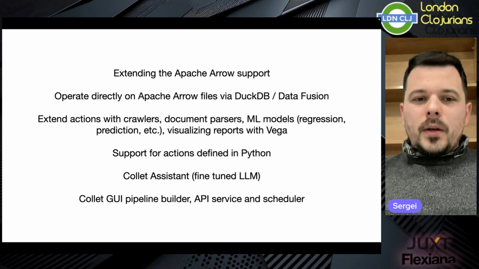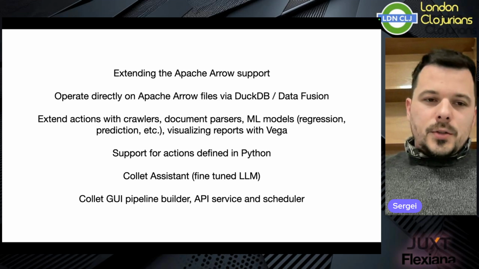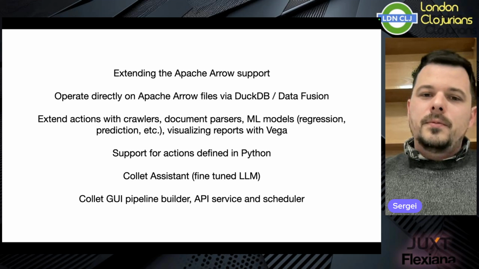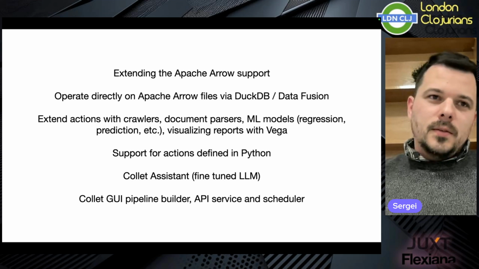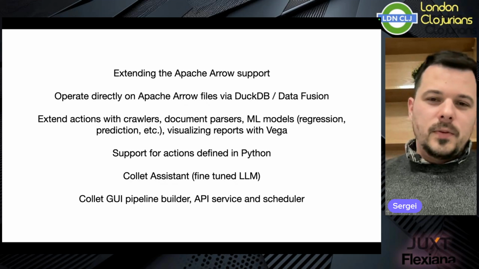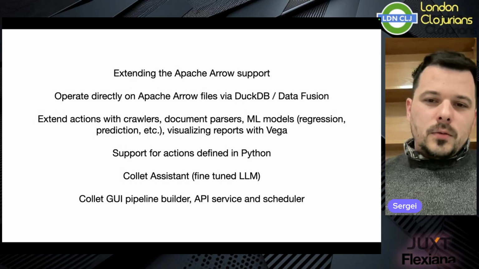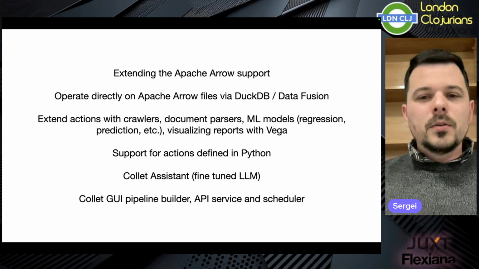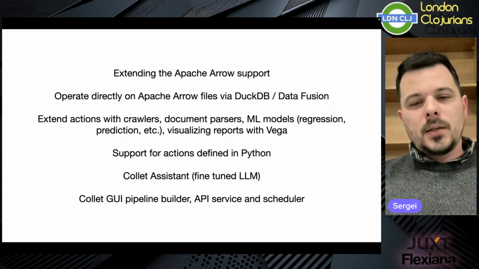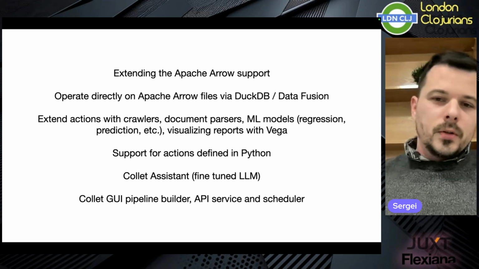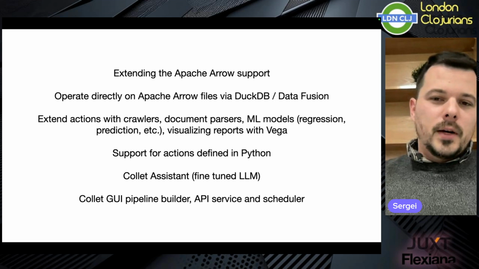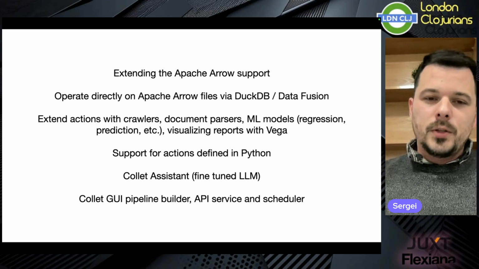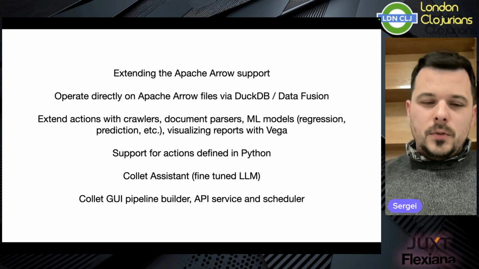And there is a plan to extend the actions library with crawlers, document parsers like PDF, Excel spreadsheets, files, whatever, and to include actions for machine learning models. So imagine you defined your pipeline, you get some data, and you just point Colette at some Hugging Face machine learning library model that can perform some regression or prediction on top of your local data.